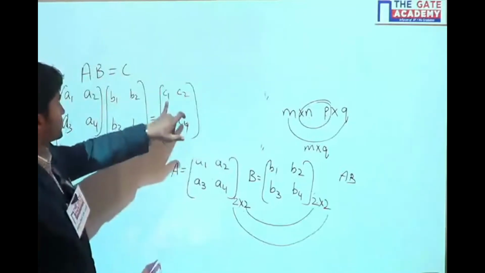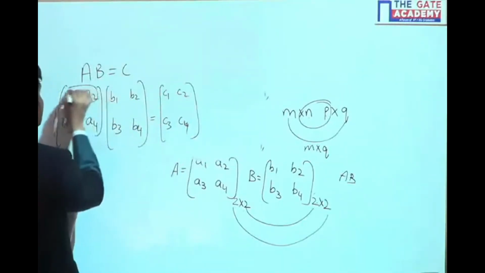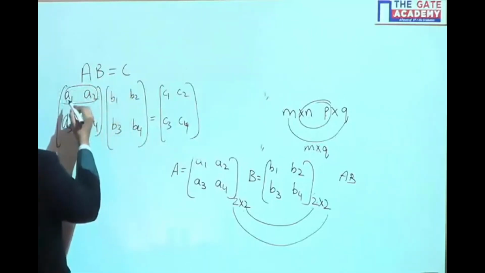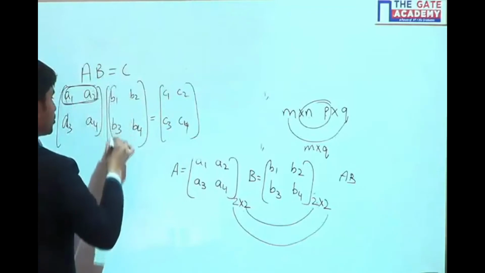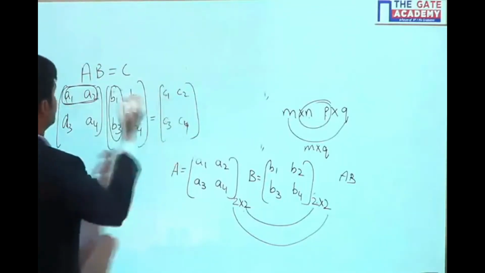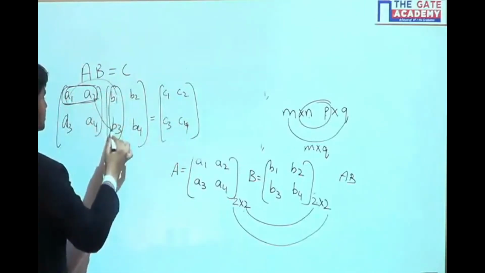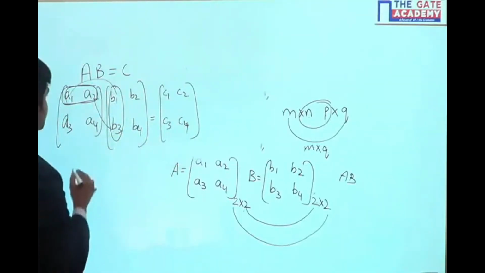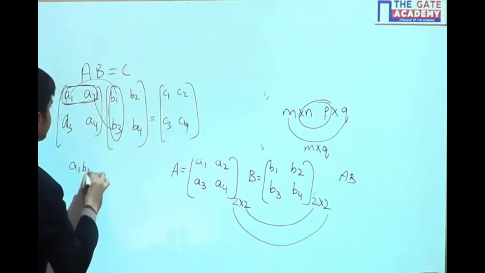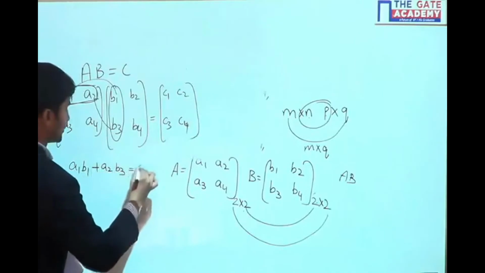What is the value of C1 going to be? For C1, we have to consider the first row of the first matrix and the first column of the second matrix. So the value of C1 is going to be A1 into B1 plus A2 into B3.